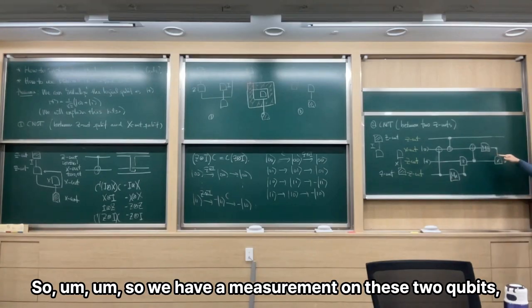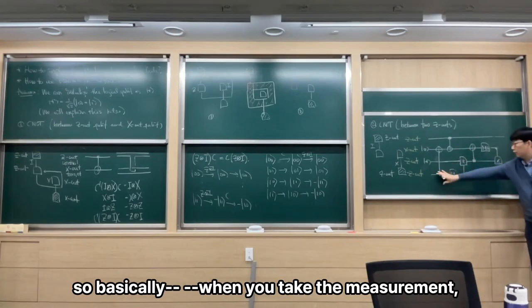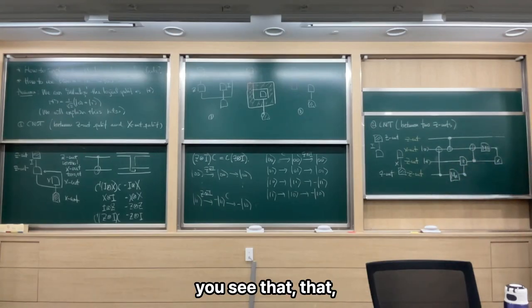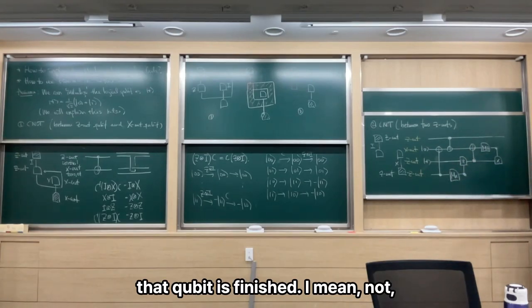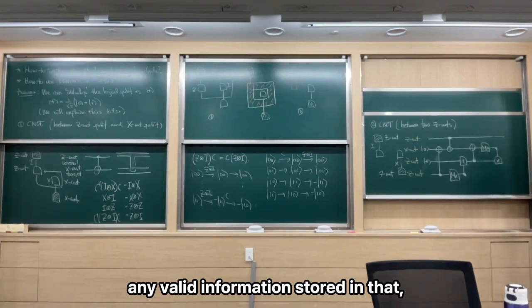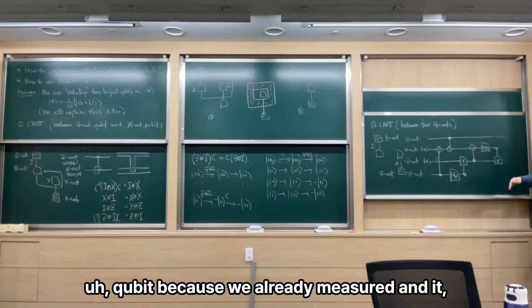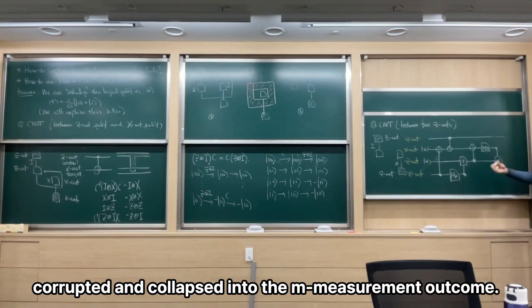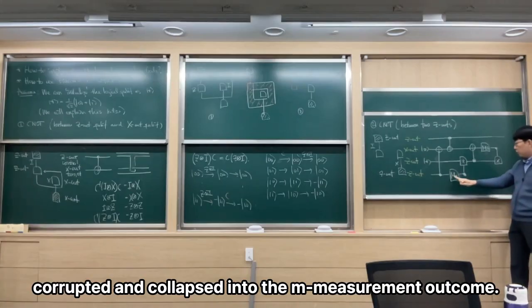We have a measurement on these 2 qubits. When you take the measurement, that qubit is finished; we're not storing any valid information in it, because it already collapsed into the measurement outcome.